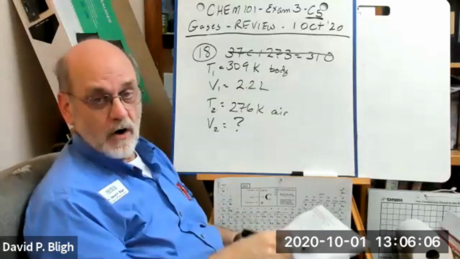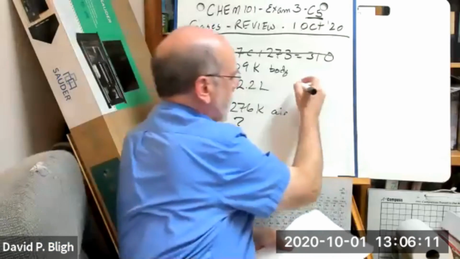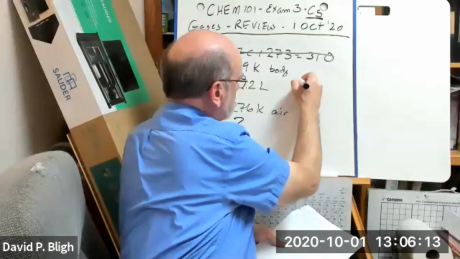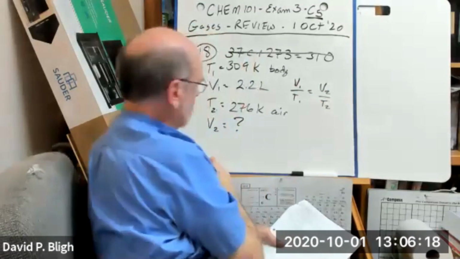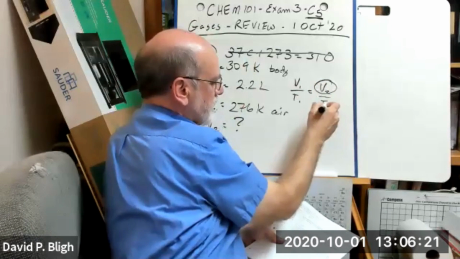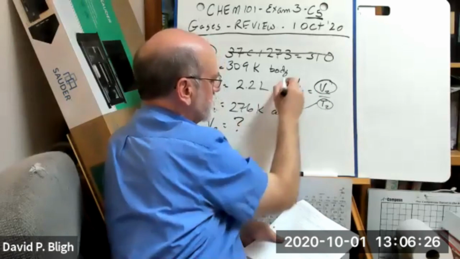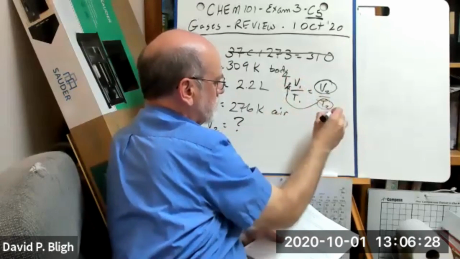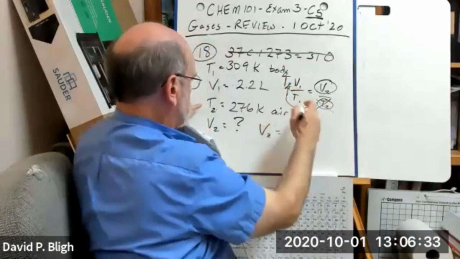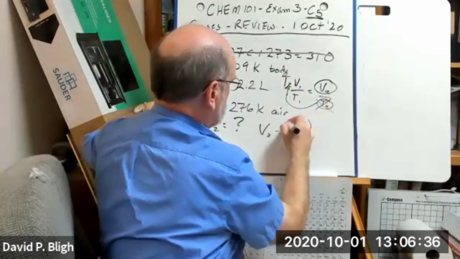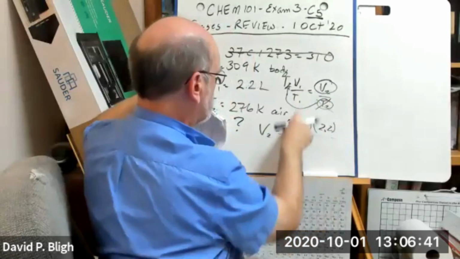So this is Charles' law before and after. Right. So if we solve for V2, we start off with V1 over T1 equals V2 over T2. And we're solving for this one, that means that one just needs to come over here. Okay, so V2 is equal to T2 times V1 divided by T1.